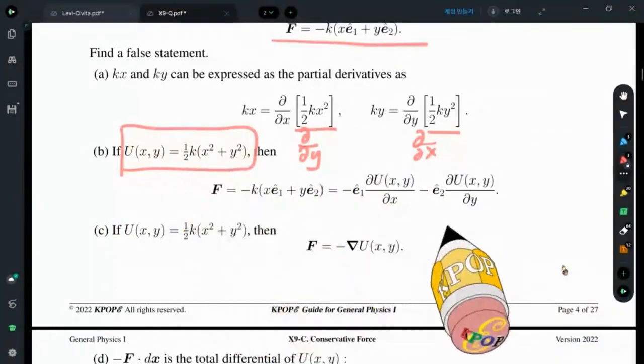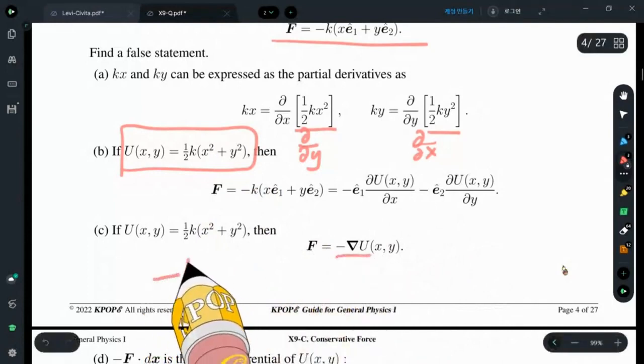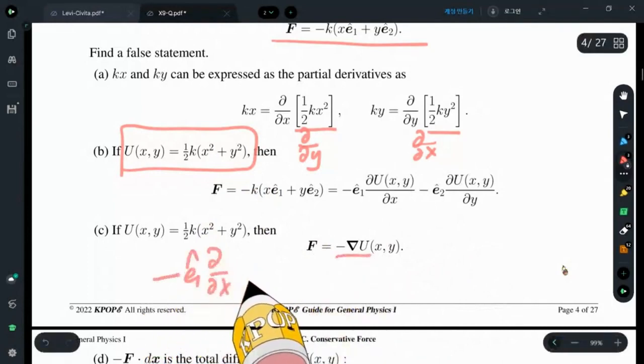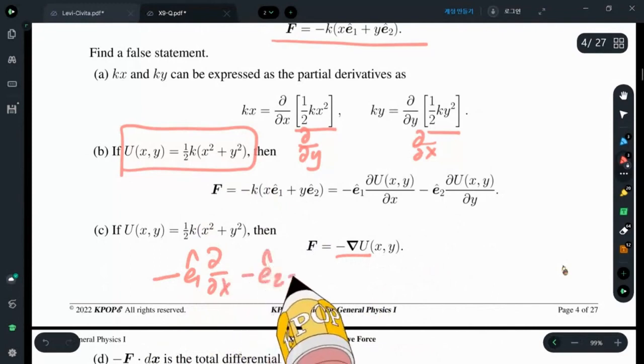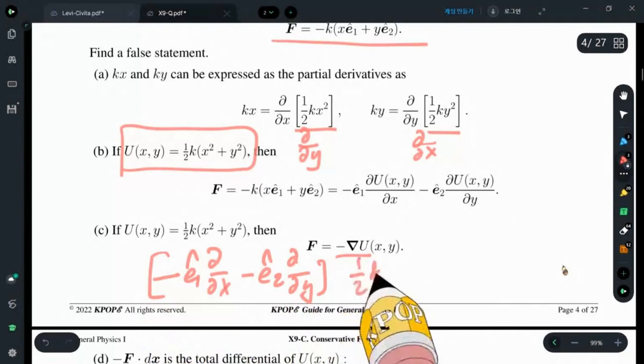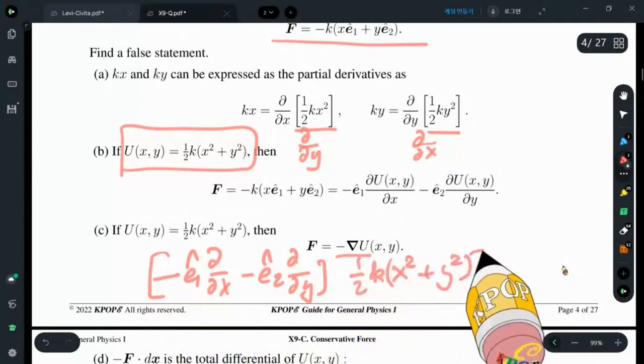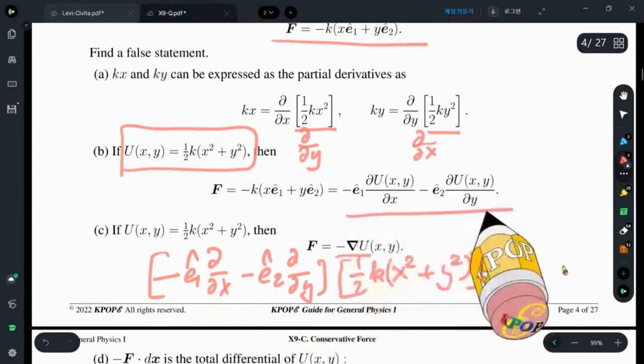If I take the gradient, minus e1 hat x derivative minus e2 hat y derivative of 1/2 k (x squared plus y squared), the answer is this.